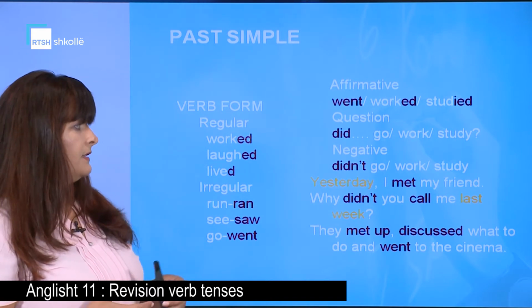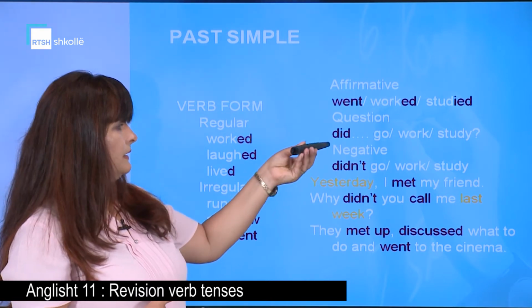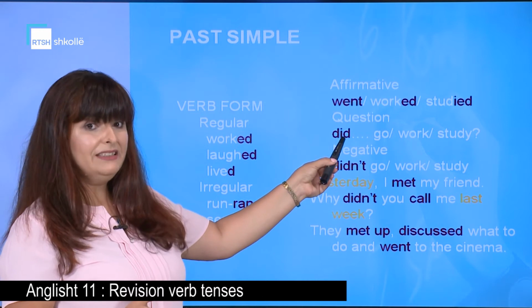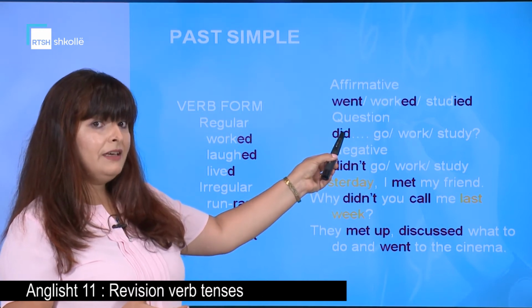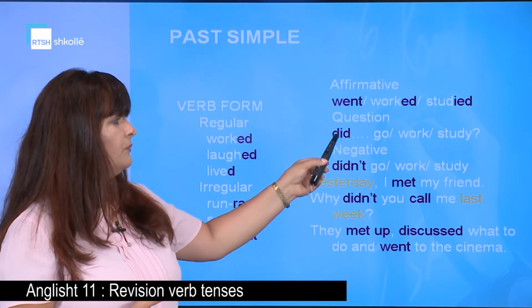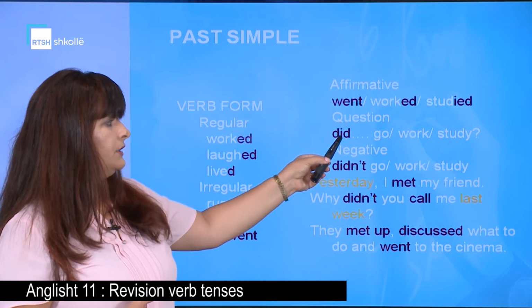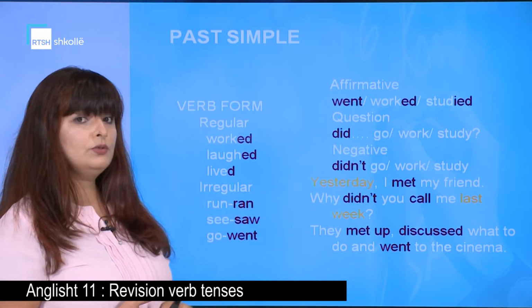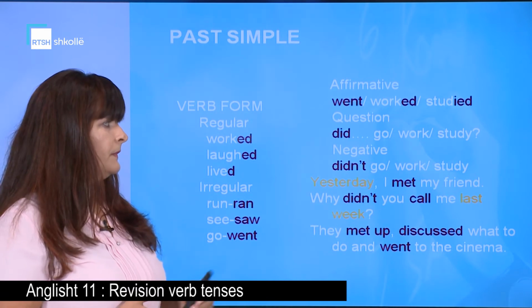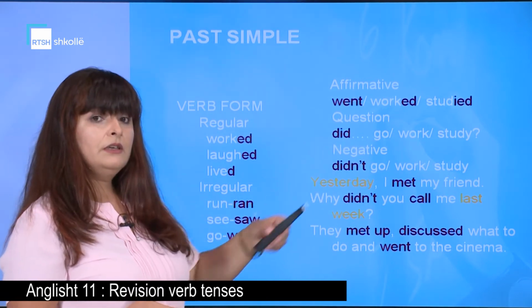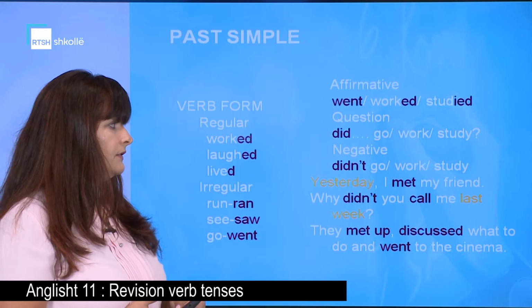In this case, the auxiliary verb in past simple is the verb did. Did helps us to form the question. So we have, did you go to school yesterday? Did you meet your friend yesterday?